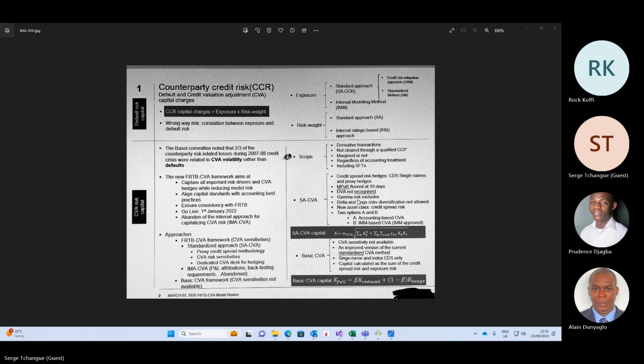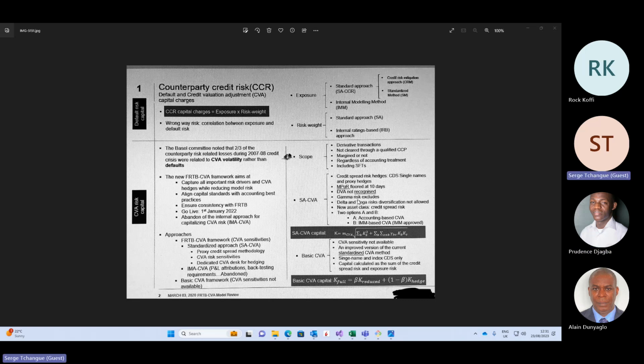And if tomorrow it goes back to 90 million, what do you do? You give them back 20 million. So every day banks call and exchange. If the exposure is going down, I pay you back. That's how they mitigate CVA risk.